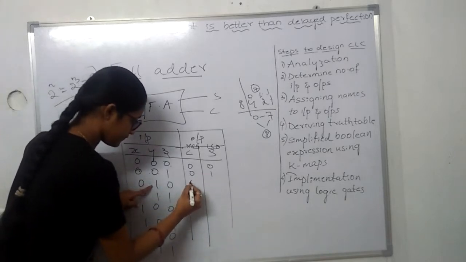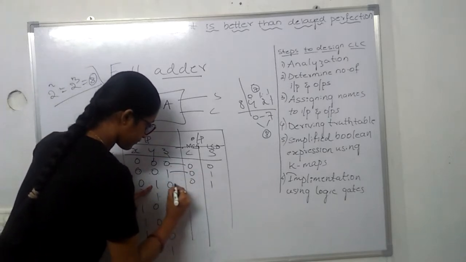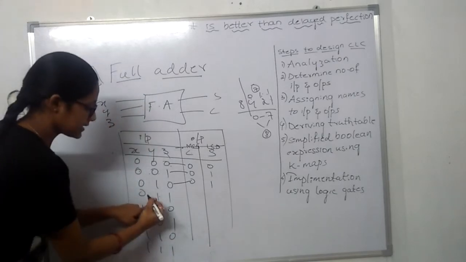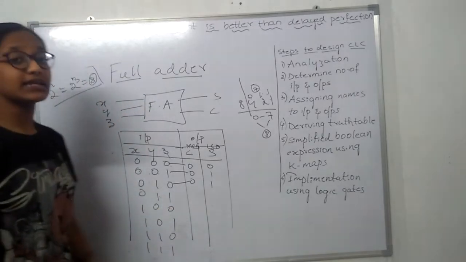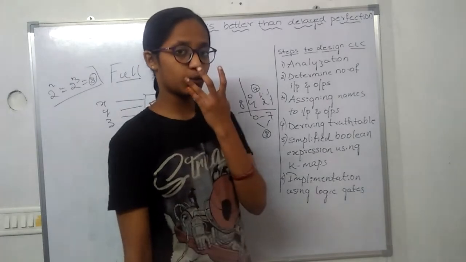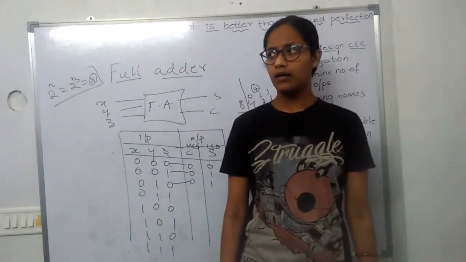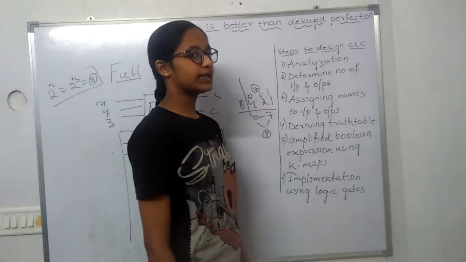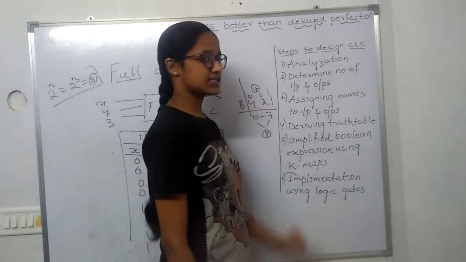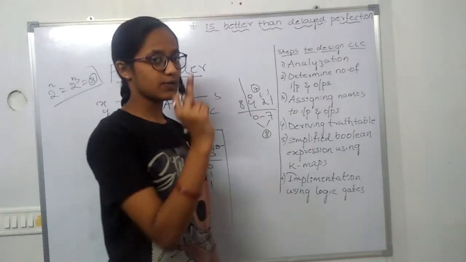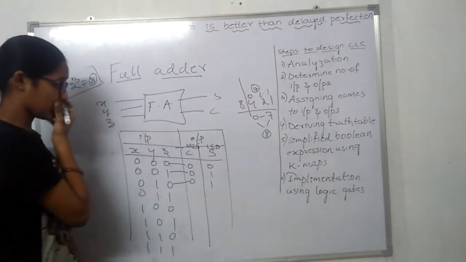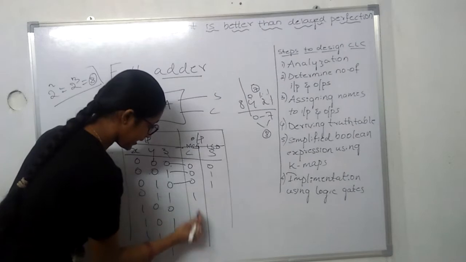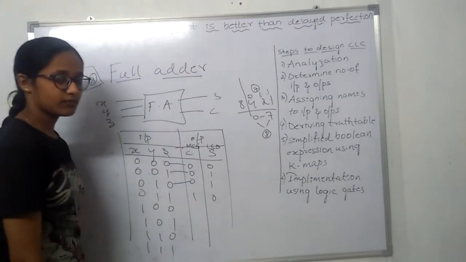Same for 0, 1, 0. And here, 0 plus 1 plus 1. In decimal, 1 plus 1 is equal to 2. But how to represent it in binary? 0, 0, 1, 0, but we are taking only 2 digits for sum and carry. That is why the most significant bit is going to be 1 and the sum 0.